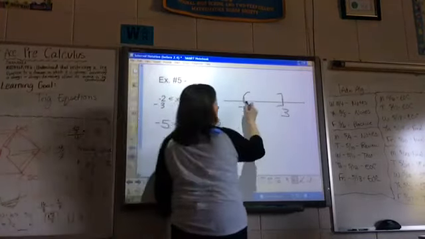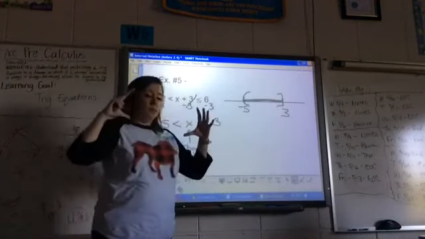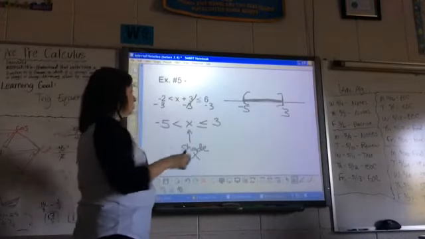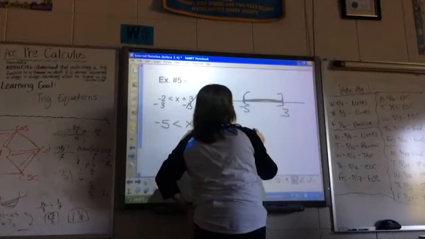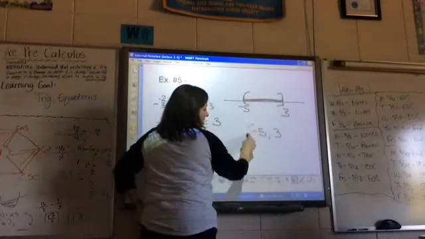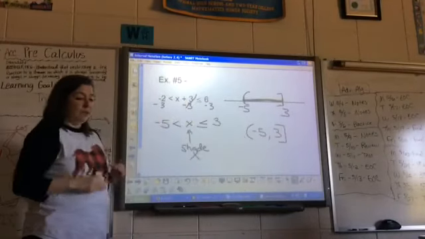So x is in between them, so I'm shading in between. Again, the brackets and the parentheses follow the direction of the shade. So there's your picture. Now in interval notation, I would be -5 to 3, parenthesis on the -5, bracket on the 3. Again, it's easier to graph than rewrite it.